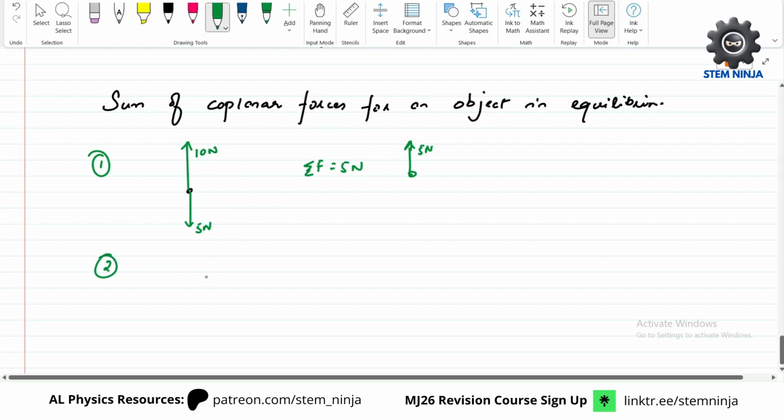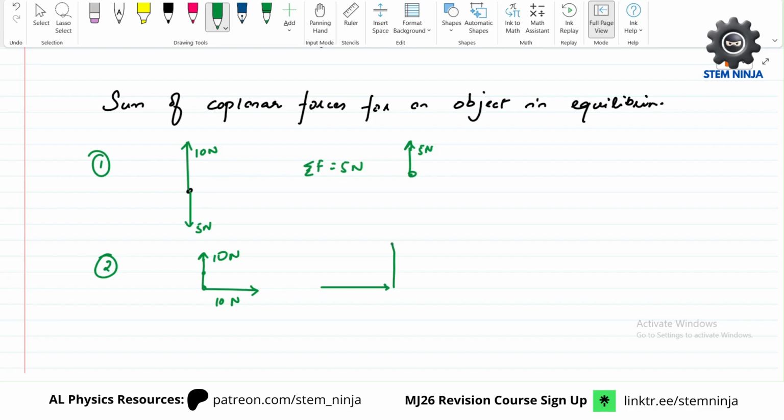But if one of these is angled, for example, you have 10 newtons over here and, let's say, 10 newtons here also. In that case, we can use the vector addition principles, tail to head, this is 10, this is 10. This will cause a resultant vector to be angled this way. And since these are both the same, the angle would come out to be 45. And the square root of 10 squared plus 10 squared will give us the magnitude. We already saw this in the vectors topic.